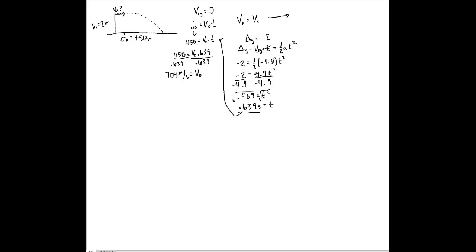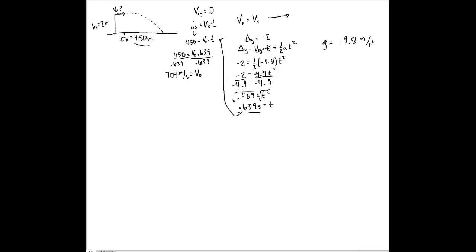Now, I might give you a distance that may not be in meters, it might be in yards. You would have to convert it to meters because gravity, negative 9.8, is in meters per second squared. So you have to keep your units consistent. So that's how you'd find an initial velocity.